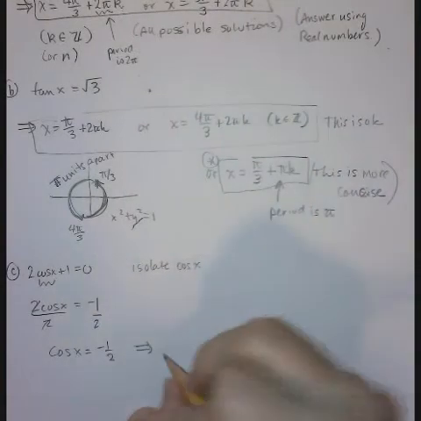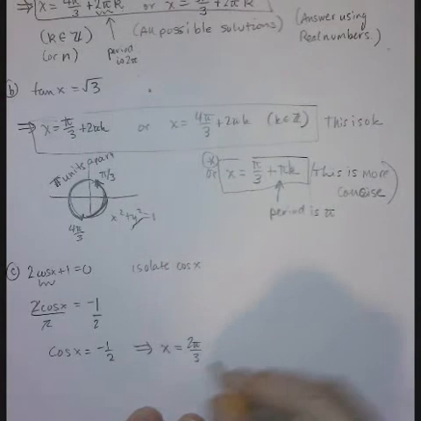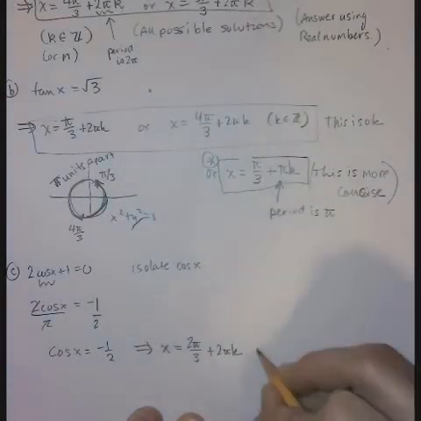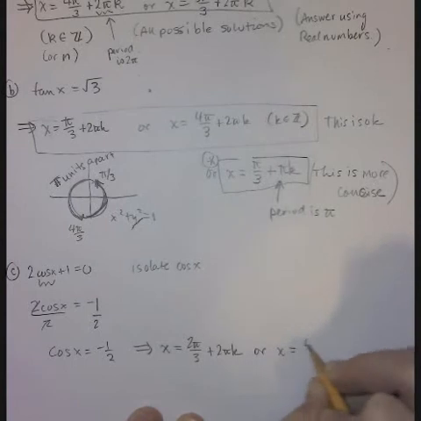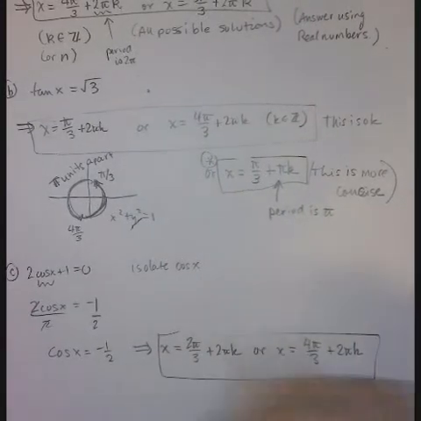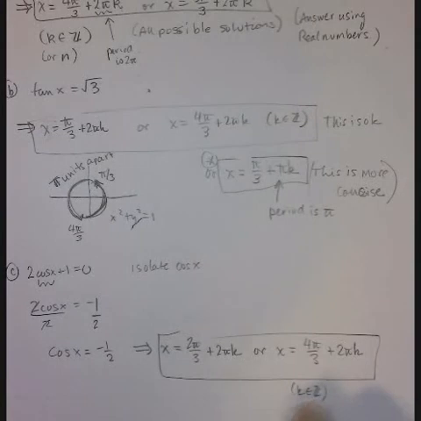We've solved for x. x is 2 pi over 3, that's quadrant 2, plus then add multiples of 2 pi, or x equals 4 pi over 3 in quadrant 3, and again, any multiple of 2 pi could be added or subtracted. So there's our solutions. Again, k is an integer. If you don't remember to do that in your work, that's okay. We'll assume k is always an integer in our work.